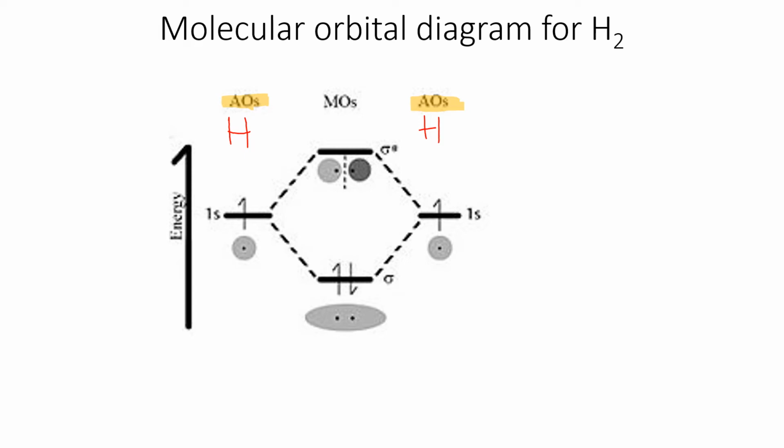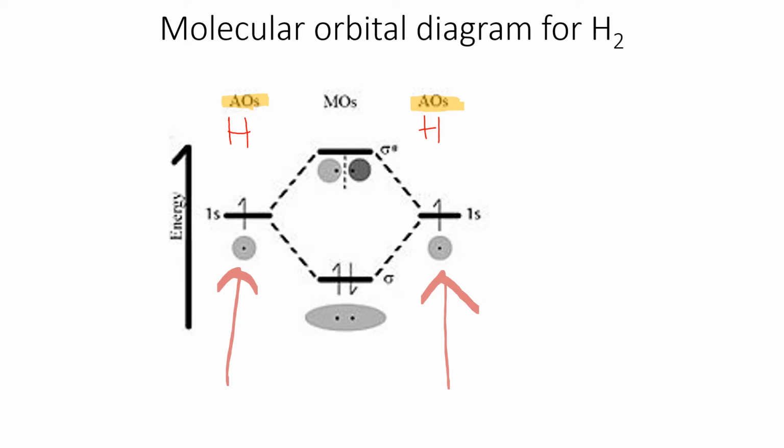I have two hydrogens that I'm trying to bond. We know what the atomic orbital for hydrogen looks like. It's 1s1. There's one electron in the 1s orbital, and you can see that illustrated below each one.